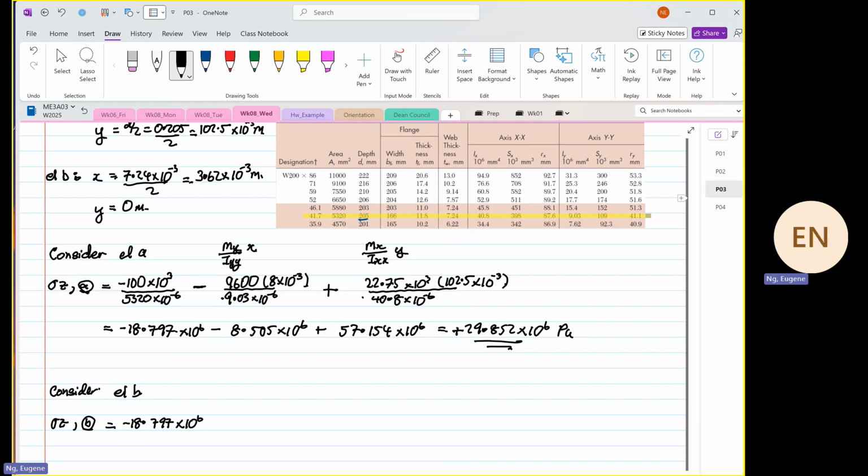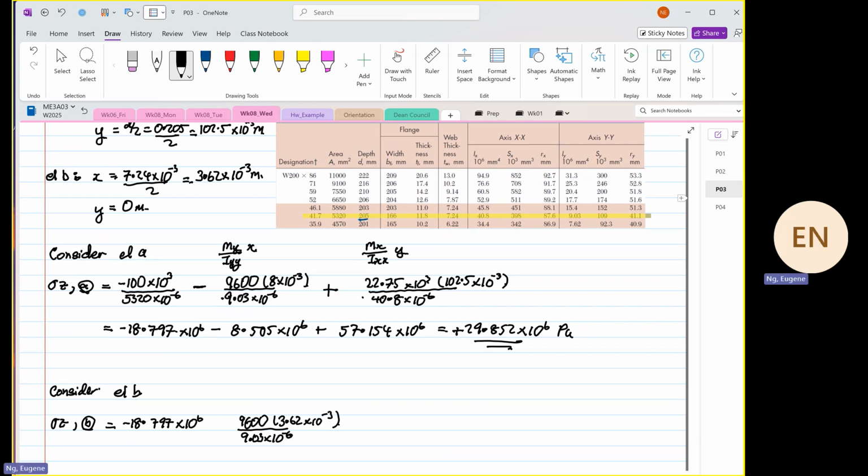Then we look at moment in the Y. Moment in the Y we know is 9700 divided by 9.03 times 10 to the power minus 6. Now we are looking at point B. The X distance changes to 3.62 times 10 to the power minus 3.